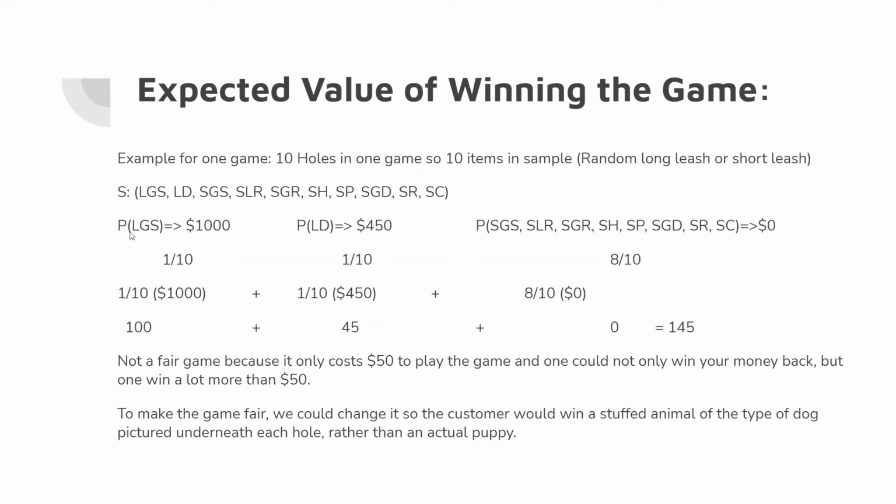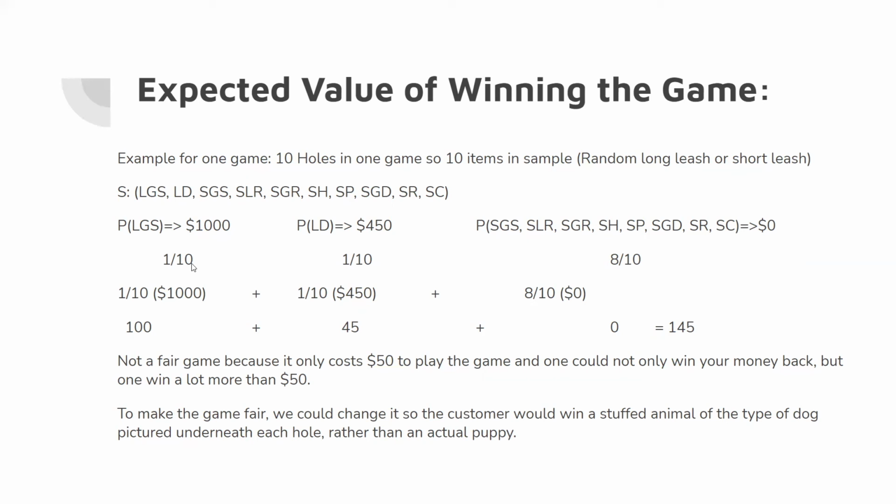So the value of getting a long German Shepherd is $1,000 because a German Shepherd costs $1,000. And the value of getting a long Dachshund is 450 because a Dachshund costs 450 on average. And any of the short leashes is 0 because you wouldn't win anything.